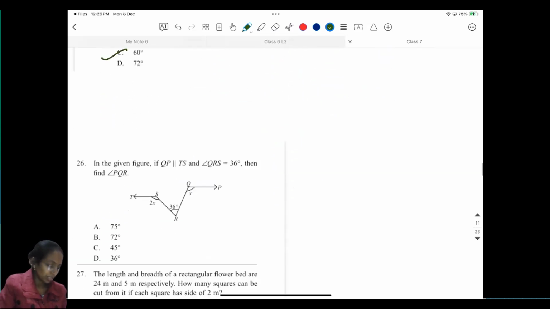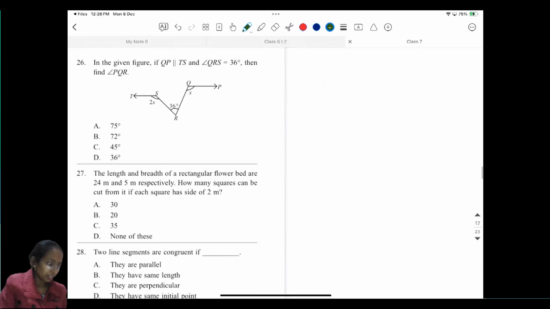Right? Now the next one. In the given figure, QP line is parallel to TS. We can just produce it this much. Now we know that this angle is x. This angle is also x because they are alternate interior angles. Now from the triangle, this angle will be 180 minus x.